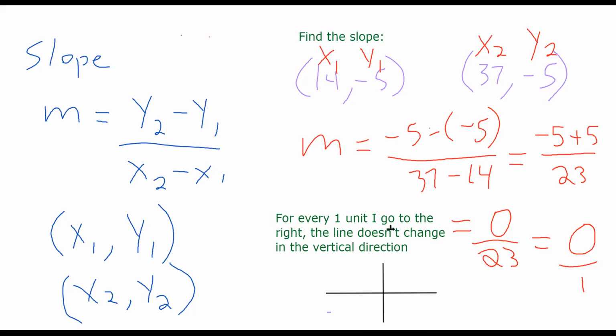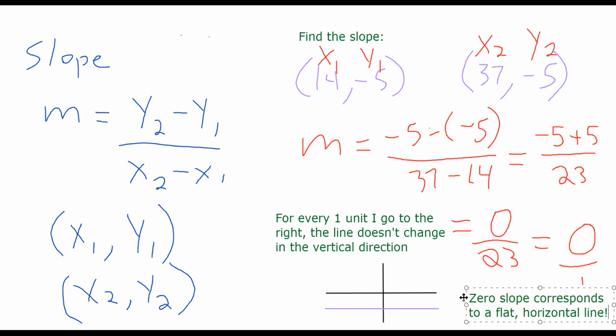A horizontal line, it's parallel to the x-axis. Now, horizontal lines, they can go anywhere up or down like this, but the whole point is they have 0 slope, which makes sense. If something doesn't have any slope, it's just like flat land. It's not sloped, it's not slanted at all. So 0 slope corresponds to a flat horizontal line. That is our key takeaway.